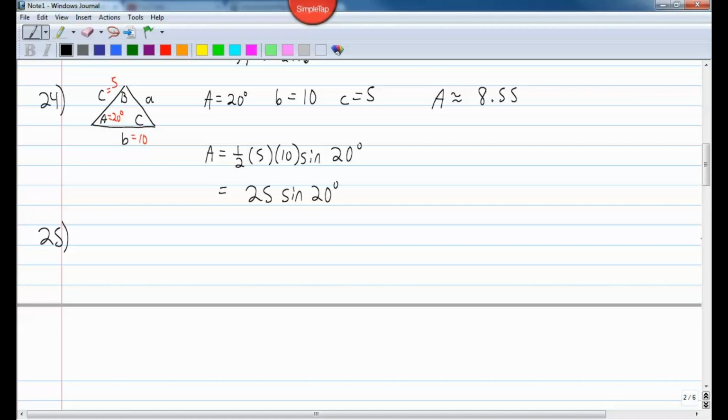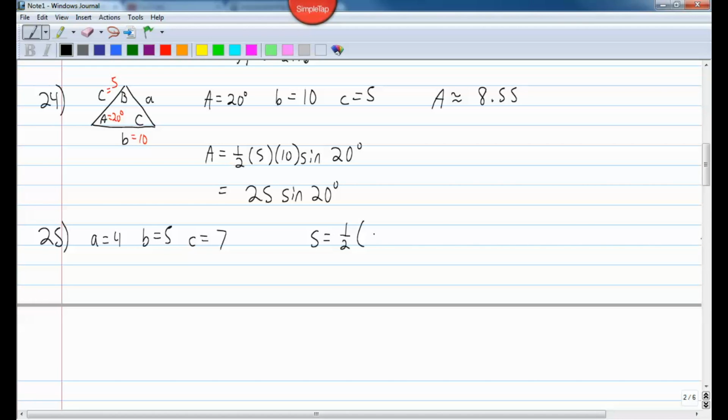Problem number 25, I'm given side a equals 4, side b equals 5, side c equals 7. So I'm given all of the sides of the triangle, none of the angles. So on a triangle like this, where you don't know any of the angles but you know all of the sides, you use Heron's formula.